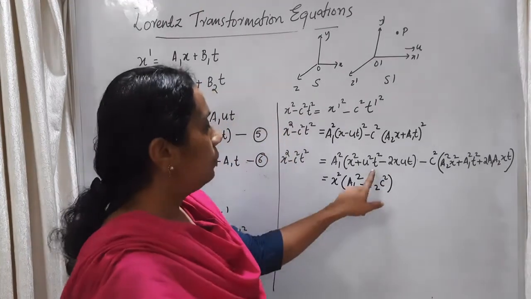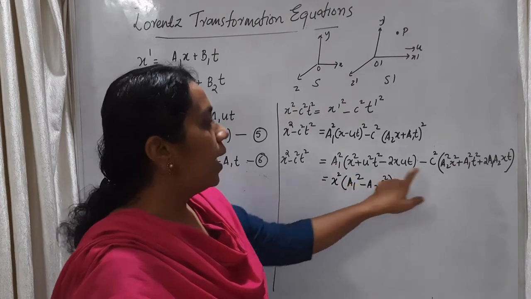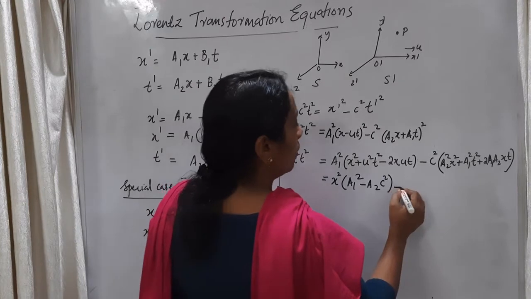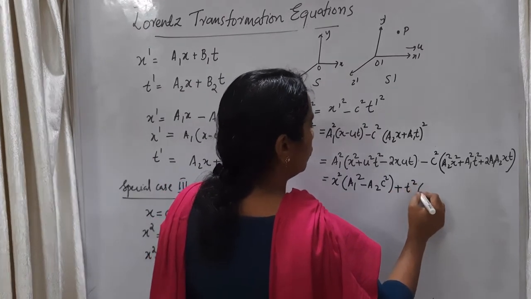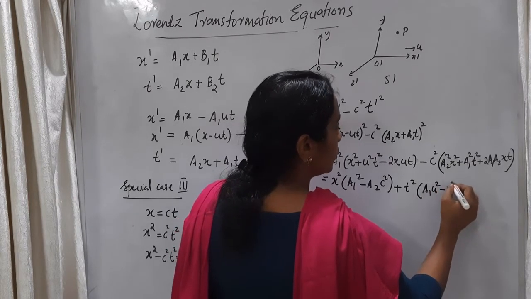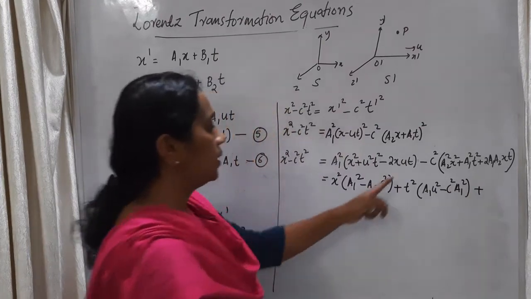Okay, now let me combine the t square terms. Here you have a1 square u square, and here you have minus c square a1 square. So plus t square into a1 square u square minus c square a1 square, and last the xt terms.